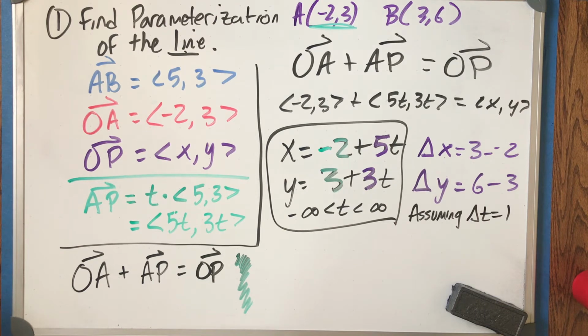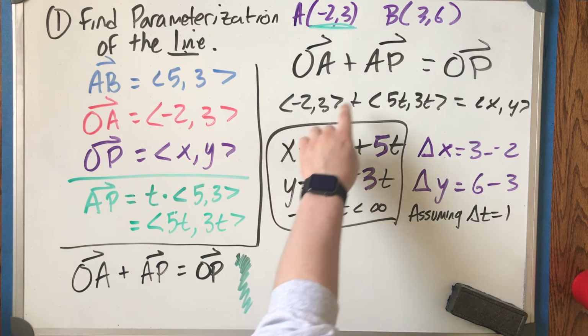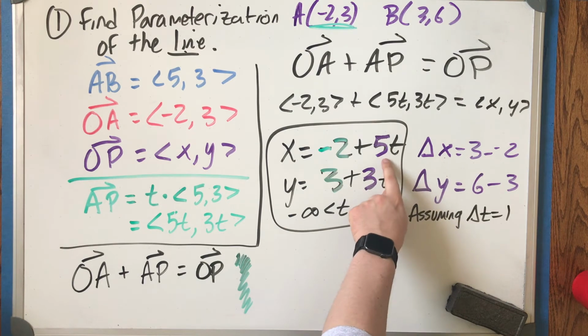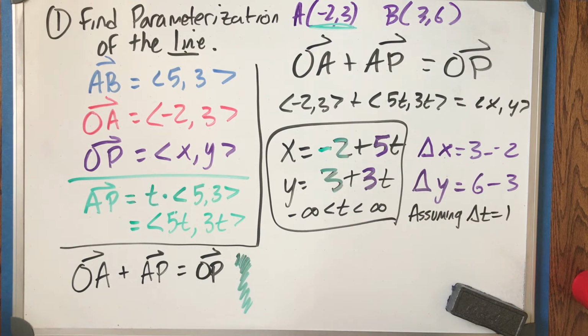They didn't say find the parametrization of the line through these points that takes 3 seconds. They just said find the parametrization. So we're just going to assume that it takes exactly 1 time unit to move from the starting point to the ending point. And that way, our rate of change is just what delta x and delta y are.